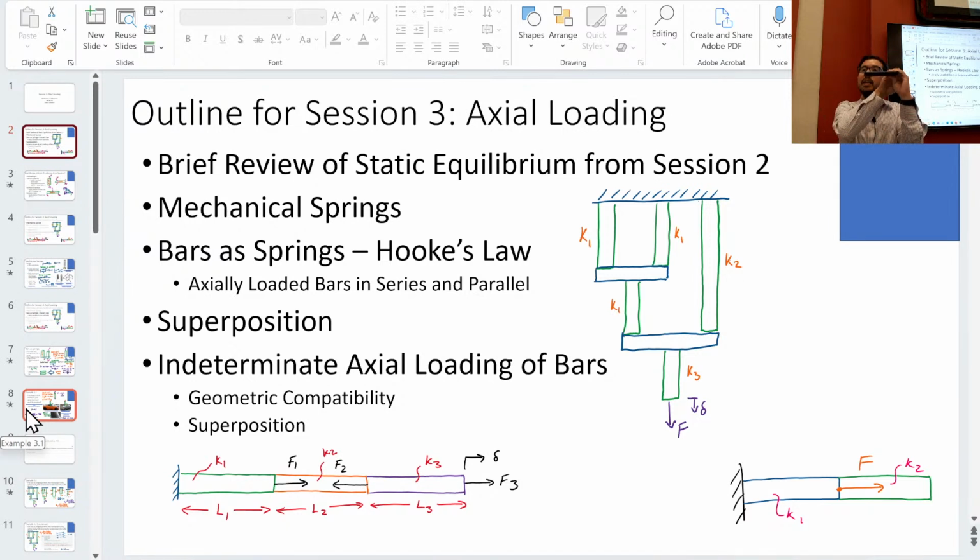Why? Because my clamping on this side is providing both a normal upward force and a reaction moment. It's counteracting. So this nice clamp over here is providing two constraints to keep this thing statically in place.